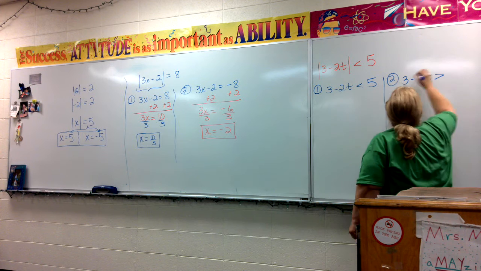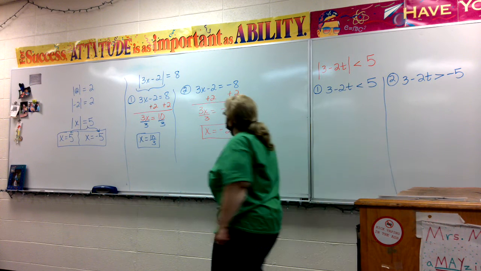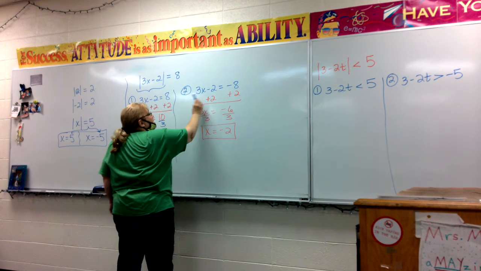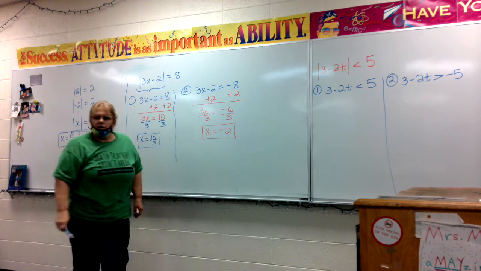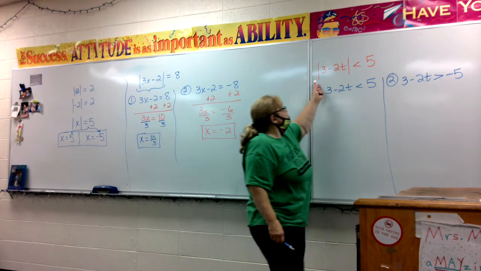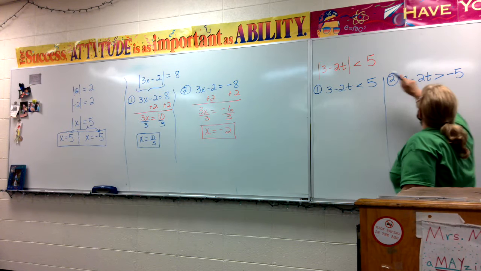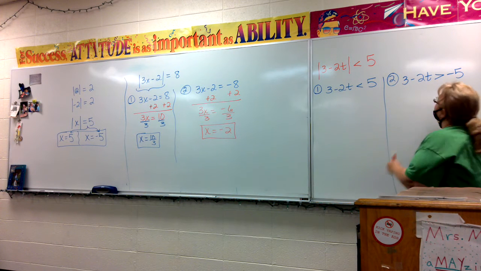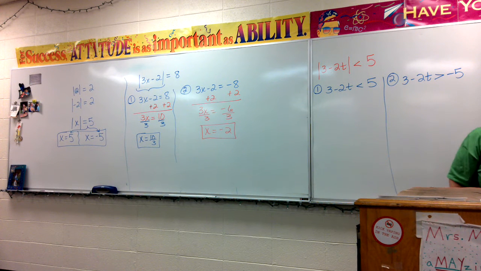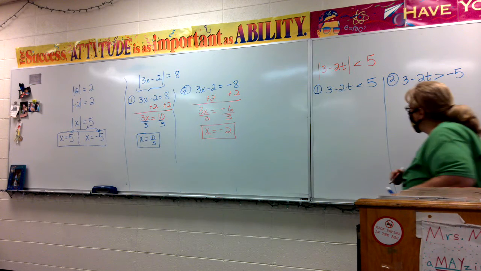Flip the inequality and change the sign. With an equals, you just have to change the sign. But if it's an inequality, the first time, just the way it is right there, the second time, flip the inequality, change the sign. And now you just solve both pieces like we did yesterday. You know how to do that, right?